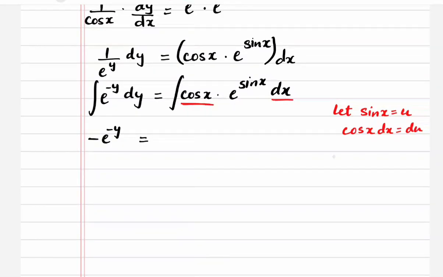So when we substitute those things in here, we will get e to the power of u du, because cos x dx will replace du and sine x is going to replace u. E to the power of u, when you integrate that, you get e to the power of u plus c.